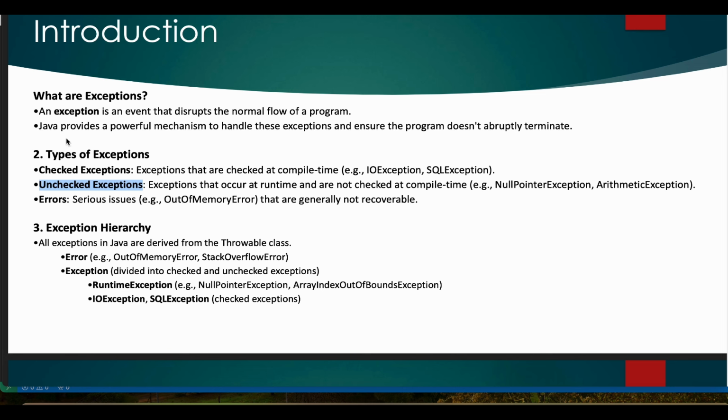So we have learned about what is checked, what is unchecked, the types of exceptions, and what is an error. Now we'll learn about the exception hierarchy. In Java, exceptions are organized in a hierarchical route that comes from the Throwable class, which has two main subclasses, Error and Exception. Error represents serious system level issues and is not meant to be caught.